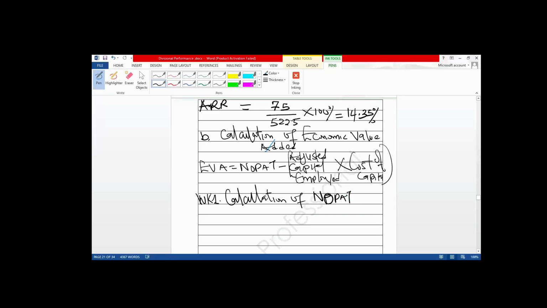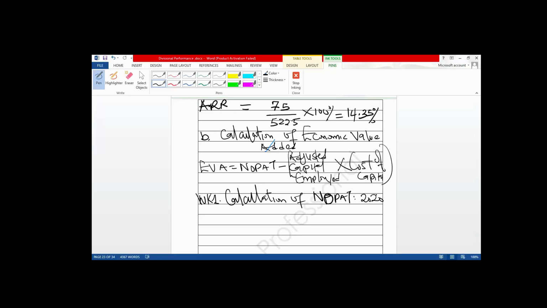Now, please note, if you are given 2 years, you are going to calculate for the most recent year. You cannot calculate average for this. So we are going to calculate for 2020. In this question, we are given 2019 and 2020.